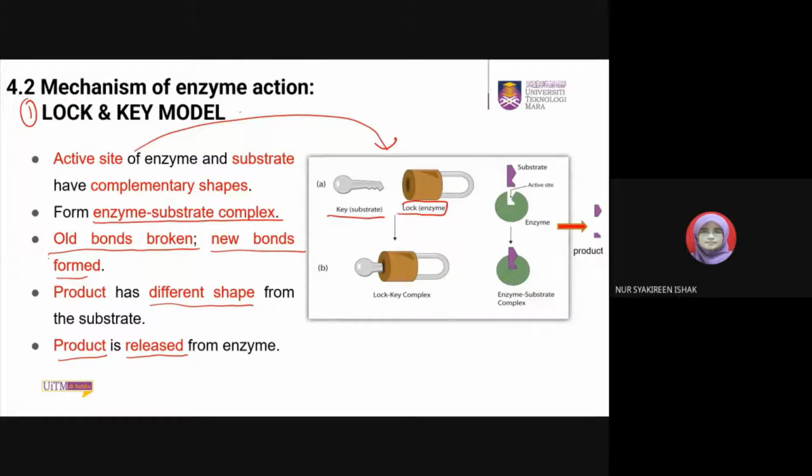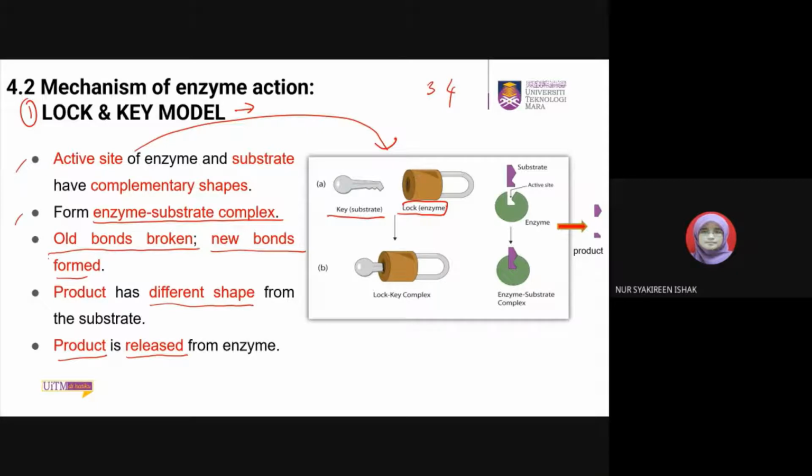This type of question is often asked in the exam. These are the points that you have to include in your answer. Usually for a question that asks you to describe lock and key or explain induced fit, the mark will be 3 or 4 marks.